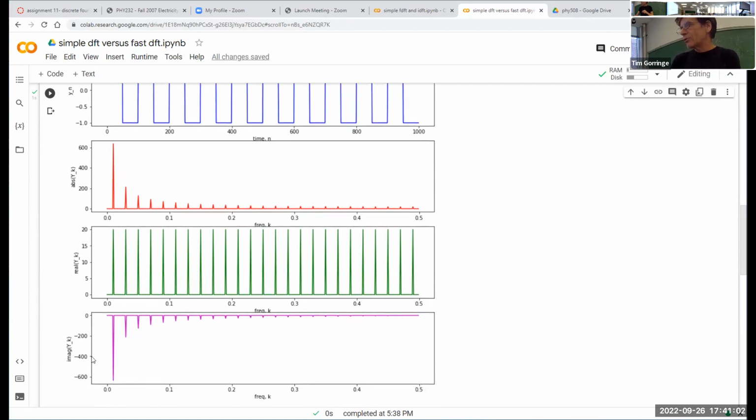As to the real and imaginary parts, you see that this base frequency is mostly imaginary. As you move from the base frequency to the higher harmonics, the mix of imaginary and real components is changing.